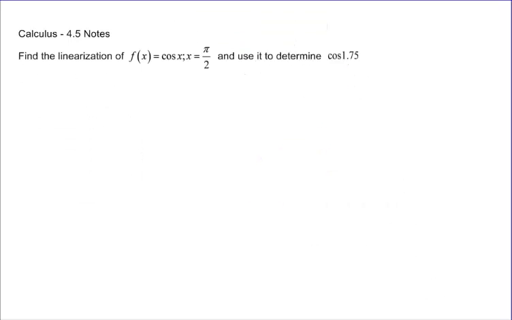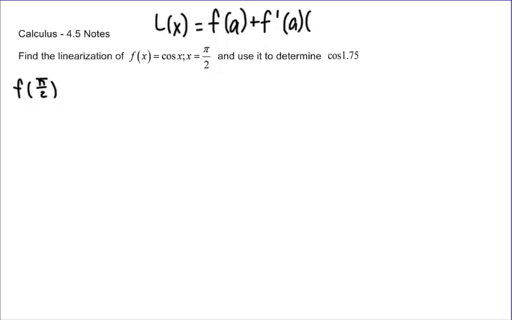Here's another linearization problem, and this time we're interested in what's going on when x is pi over 2. Don't forget what our linearization looks like: the function at a plus the derivative at a times x minus a. We need the function at a, which is the cosine of pi over 2, which is 0.